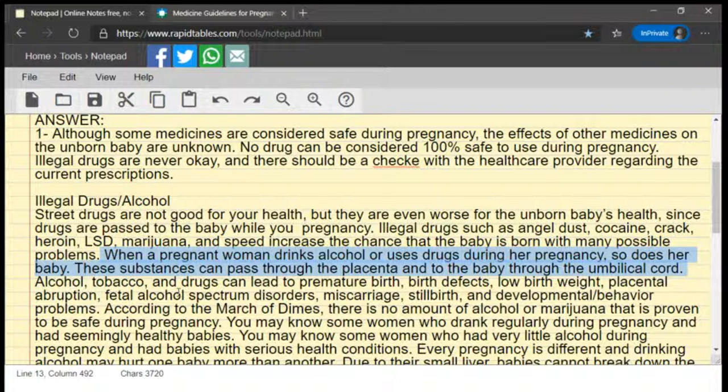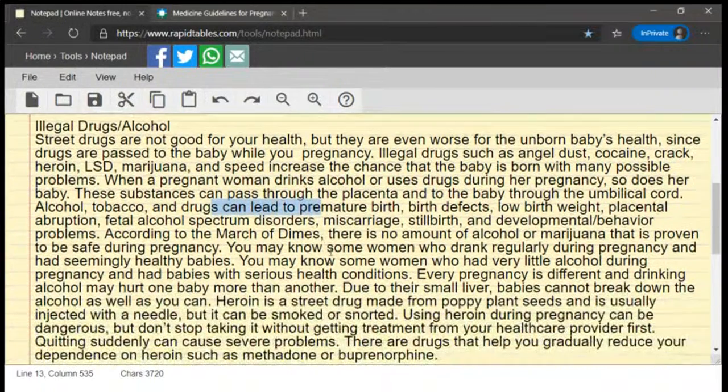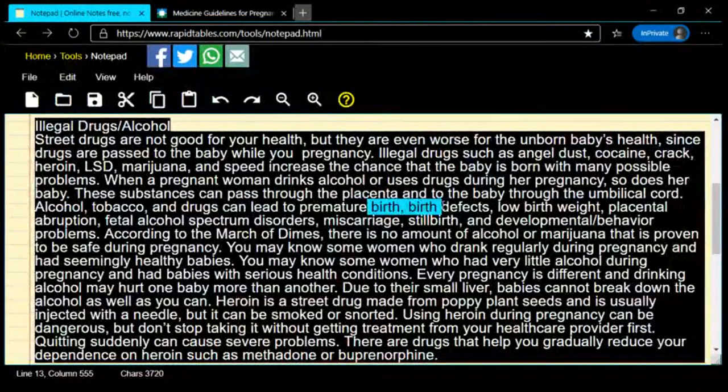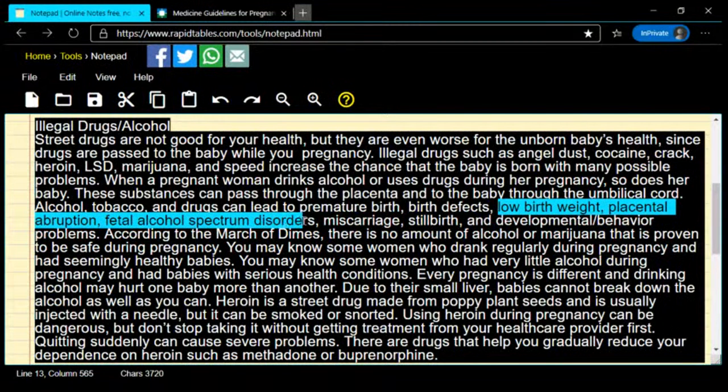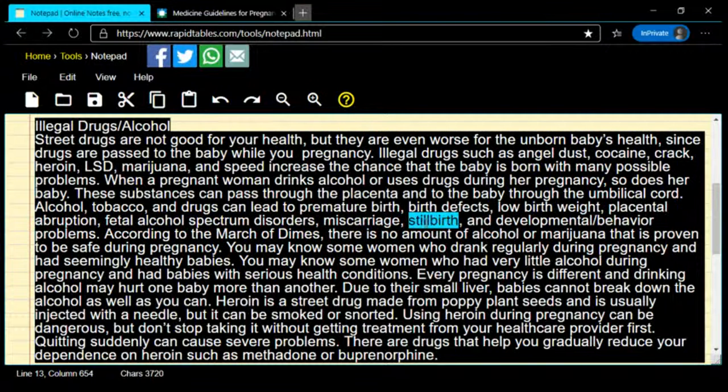Alcohol, tobacco, and drugs can lead to premature birth defects, low birth weight, placental abruption, fetal alcohol spectrum disorder, miscarriage, stillbirth, and developmental behavior problems.